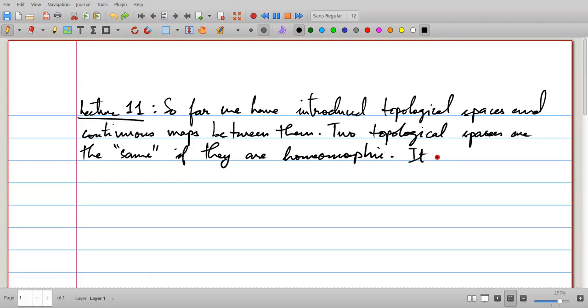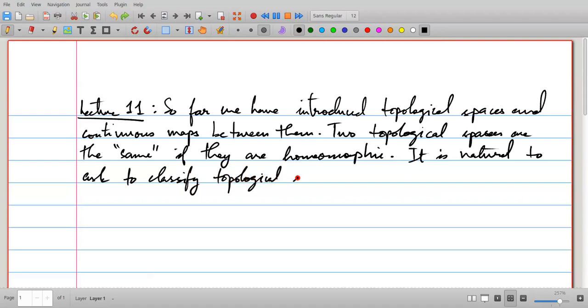So, it is natural to ask to classify topological spaces up to homeomorphism.